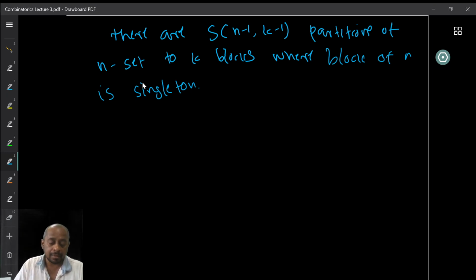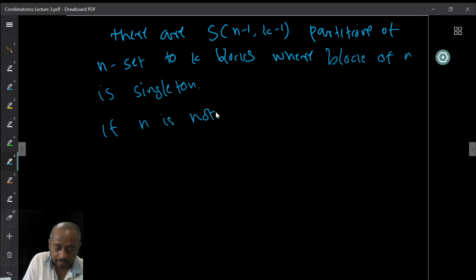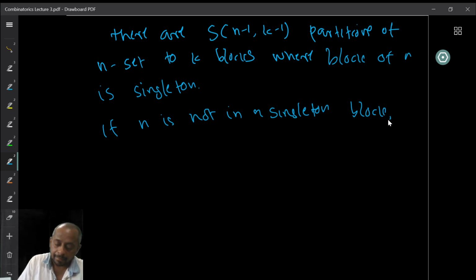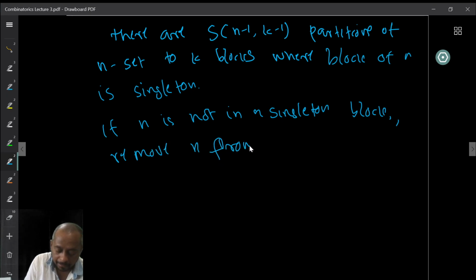Now what about the remaining? If n is not in a singleton block, then clearly there will be at least 2 elements in the block containing n, right? So if n is not in a singleton block, remove n from its block.